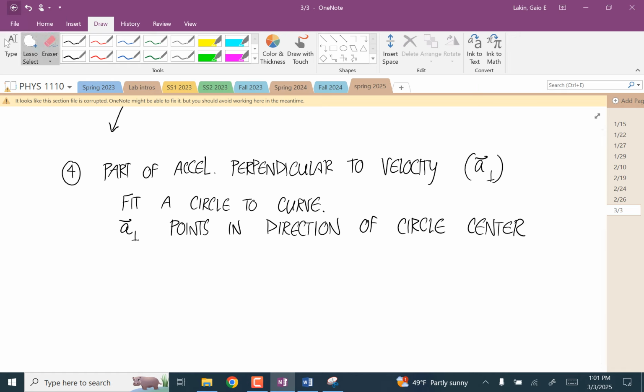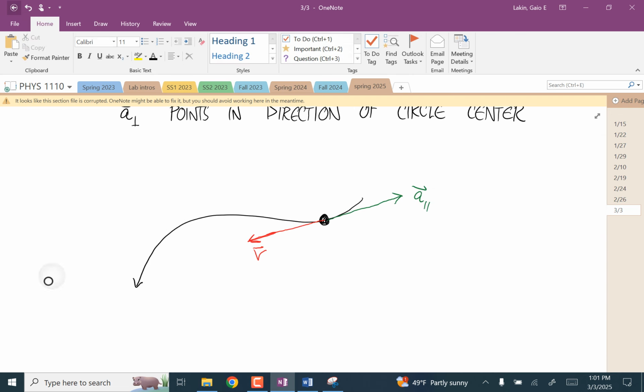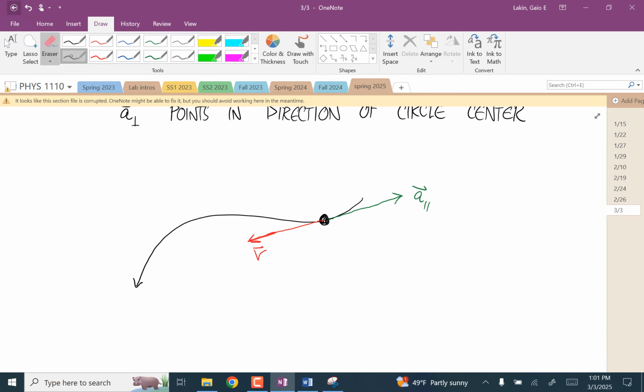Okay, so look at this curve, and at the point that we're looking at here, if you fit a circle to this curve, would it go over on this side, or would it go on this side? It would be on the top. You see that? The curvature of the circle has to fit the curvature of the path.